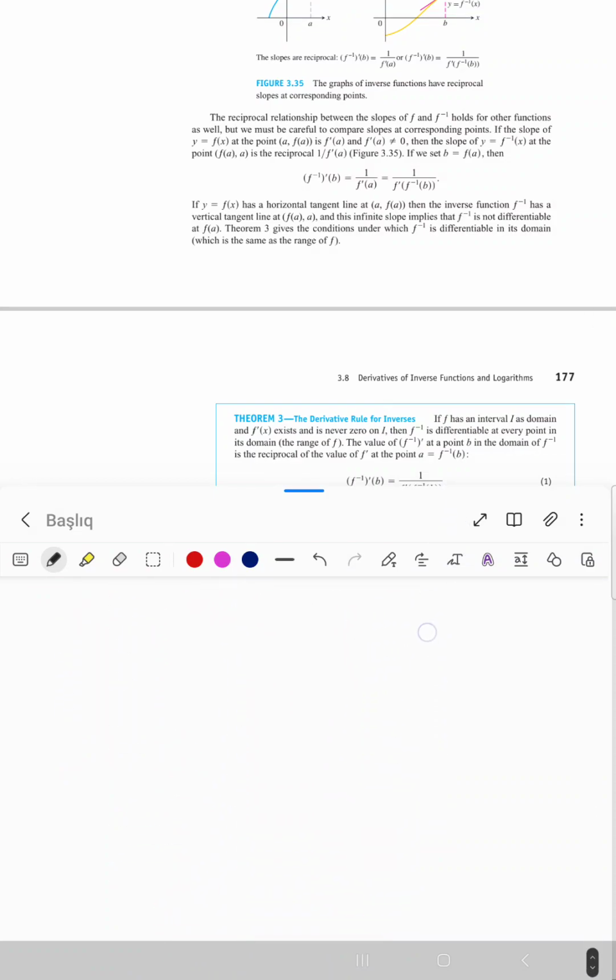So we know that, let's write it like this: f(a) equals b. And the inverse of f, f inverse of b, equals a.